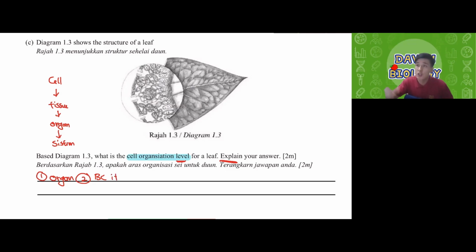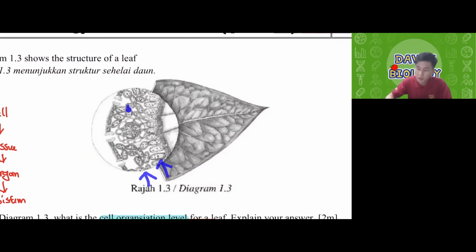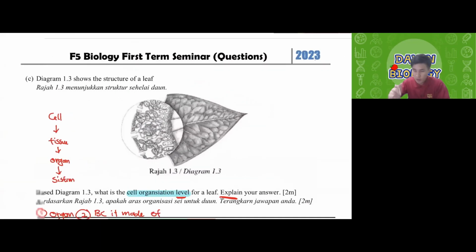Because yes, you got to talk about what it is made up of. Okay, don't say cell and tissue, tissues can already. Made up of the previous level, and in an organ, you have different tissues. You got the palisade mesophyll, the spongy mesophyll, vascular, the epidermis, so you got different tissues forming an organ, right?